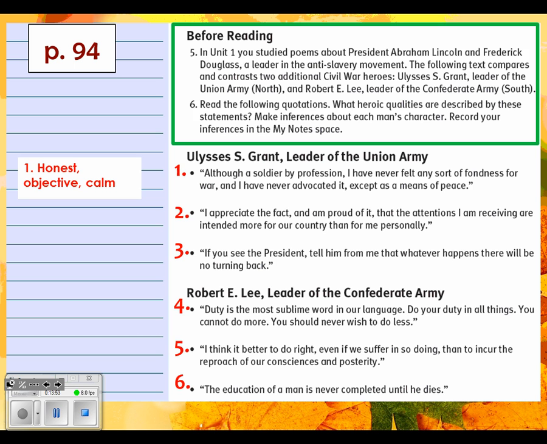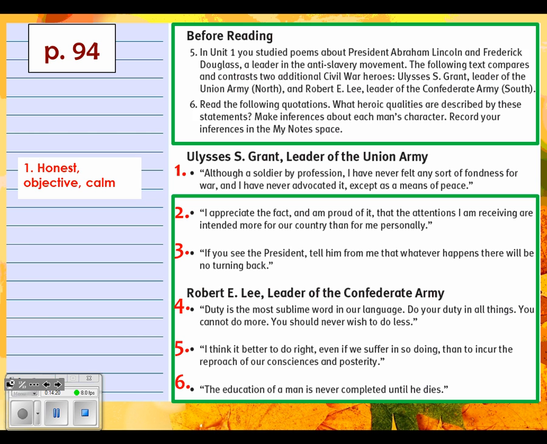This is how he made money, how he survived, by being a guy that would lead men into war. But the fact that he doesn't like it, wow, that takes some truth-telling. Not only that, I feel that this man is very calm. The idea that he sees war as a way for peace, that's an interesting perspective. I don't think a lot of people would necessarily look at it that way.